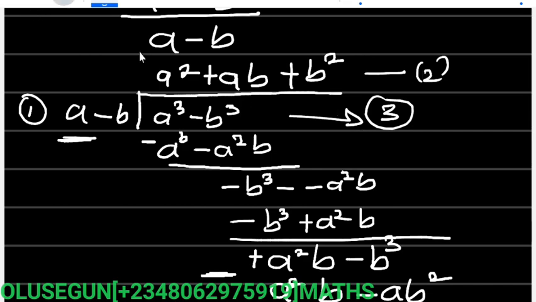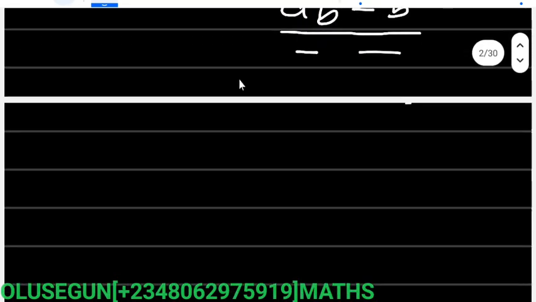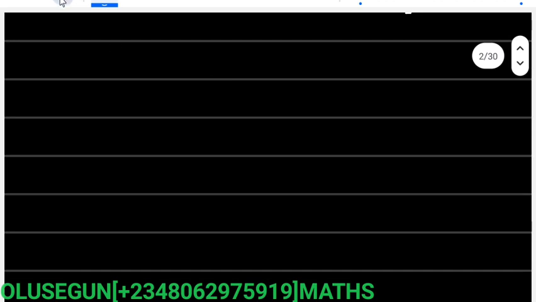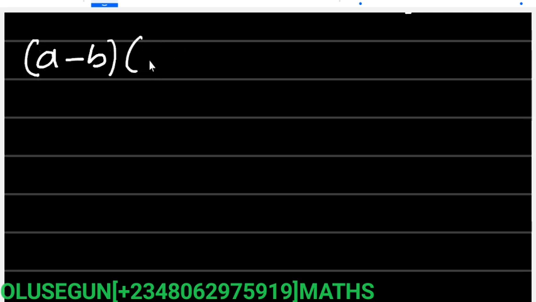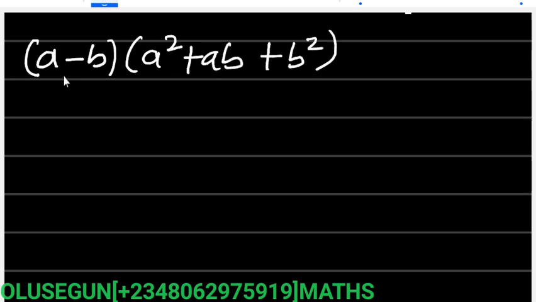So let's write it out so you can get what I'm just trying to explain. That a minus b, we want to prove it now. We want to multiply with a squared plus ab plus b squared. So let's try to multiply it again. A times a, we have a cube. A times ab, we have plus a square b.